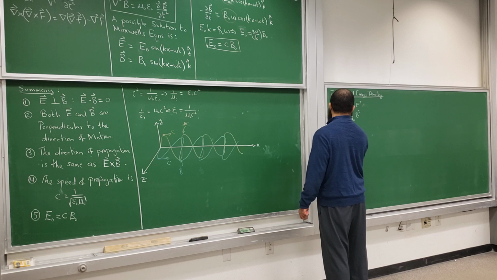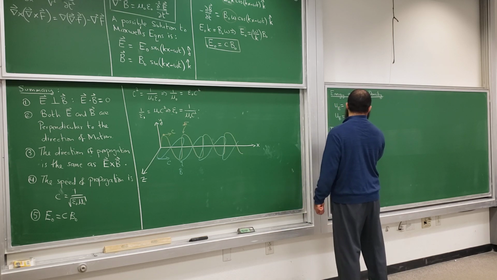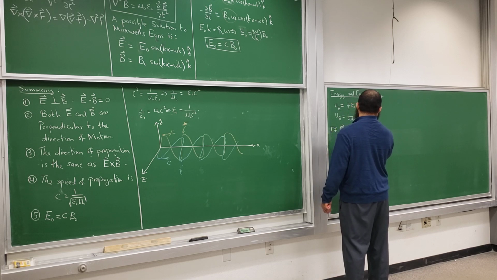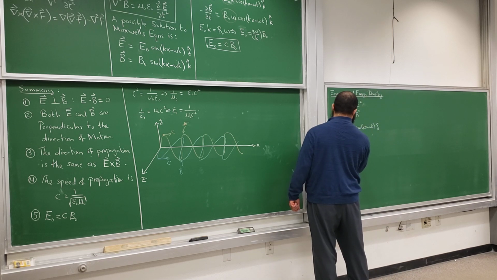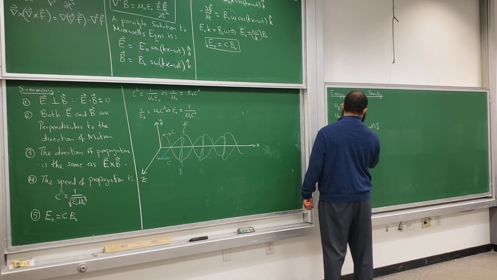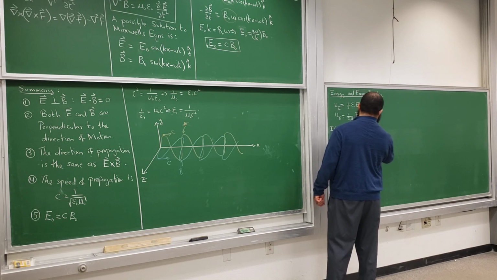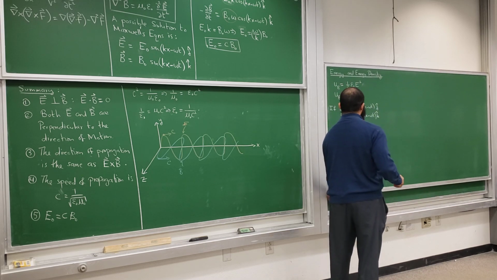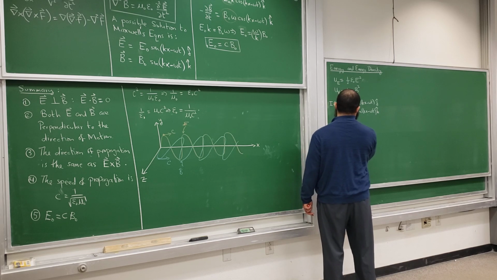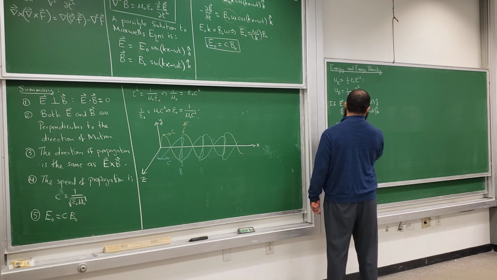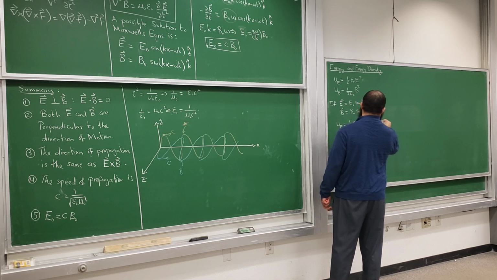If E is equal to E naught sine of kx minus omega t, j hat, and B equals B naught sine of kx minus omega t, k hat, then the energy density with the electric field, U_E, will be 1/2 epsilon naught E naught squared sine squared of kx minus omega t.